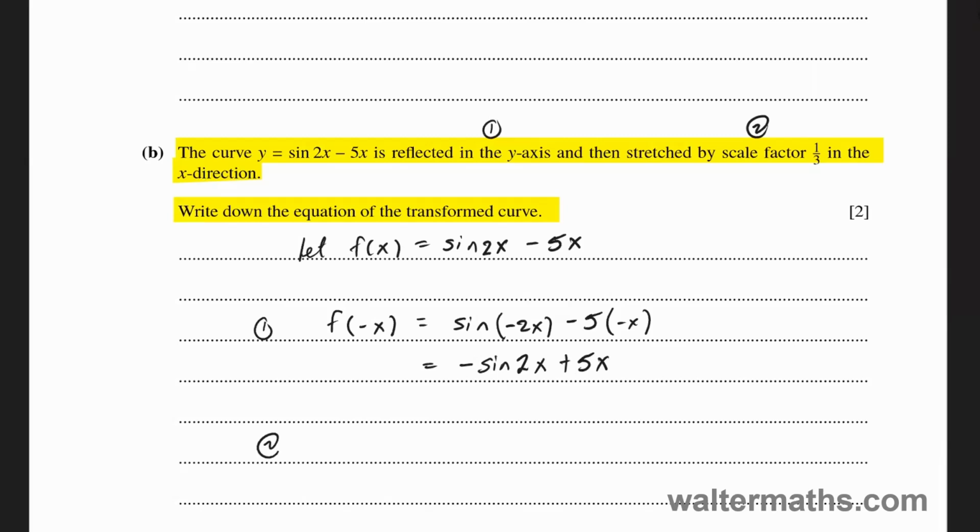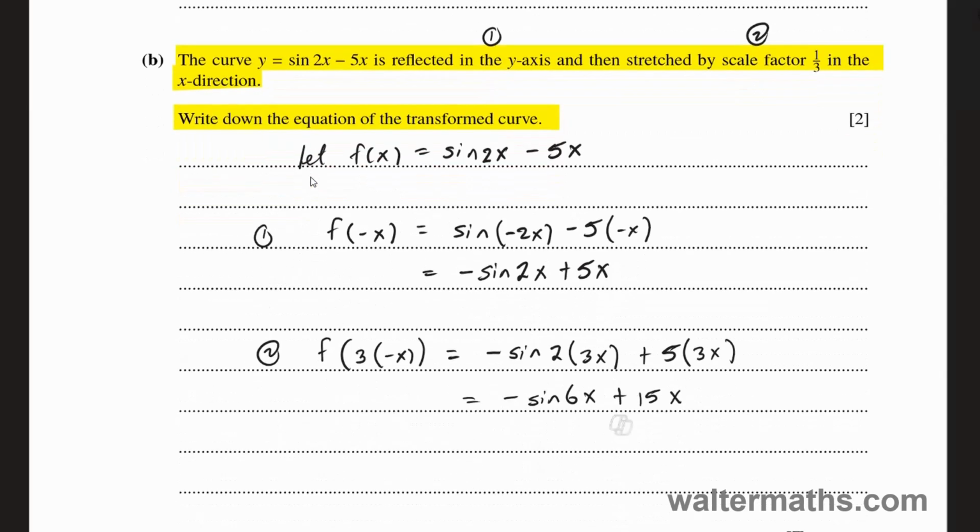So under the second transformation, that would be f of 3 of negative x. So essentially, that's going to be minus sine of 2 of 3x, plus 5 of 3x. So that's going to give us minus sine of 6x plus 15x. So that's going to be the answer here to part B.